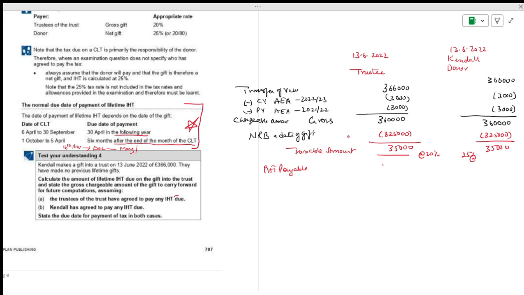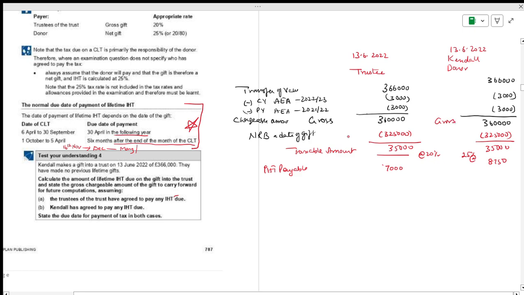First we will complete this. Here, the IHT payable is how much? 7,000. Here, IHT payable is 25% of this. It comes to how much? 35,000 times 25%: 8,750. Is it right? This is the gross.